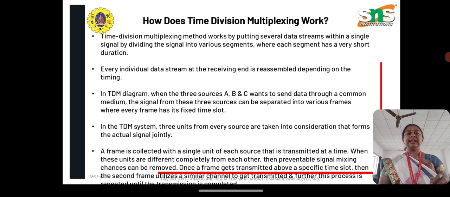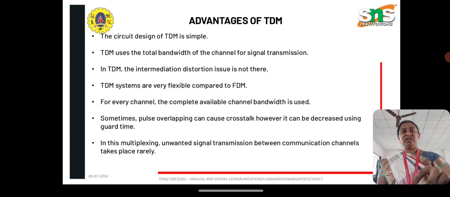Then a frame is collected with a single unit of each source and transmitted at a time. When these units are completely different from each other, preventable signal mixing chances can be removed. Once a frame gets transmitted in a specific time slot, the second frame utilizes the same channel to get transmitted, and this process is repeated until the transmission is completed.